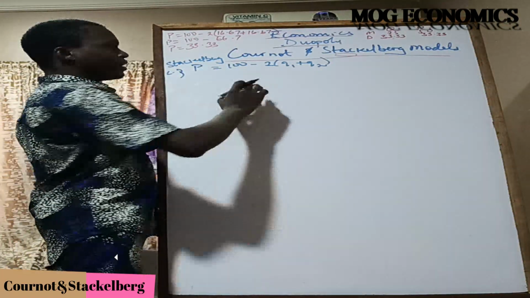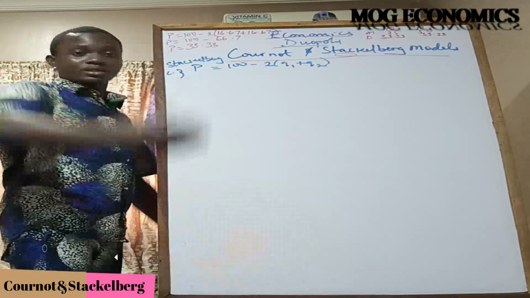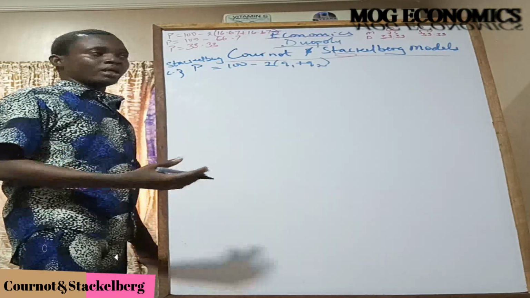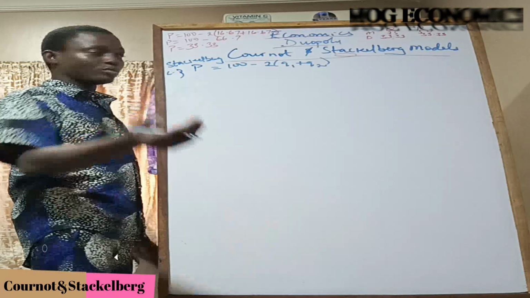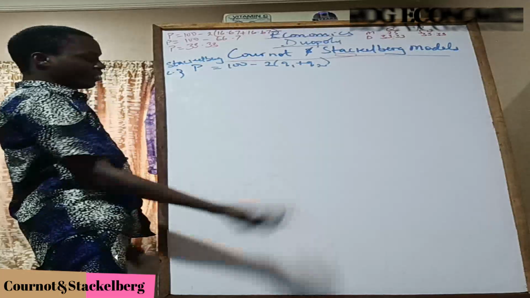So what we're trying to say mathematically is this. Now we are going to find the equation for getting output 2, for firm 2, first.